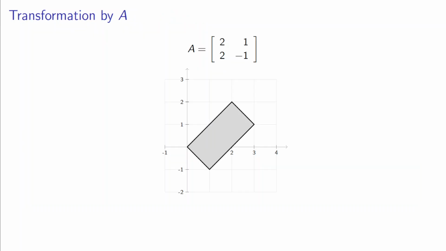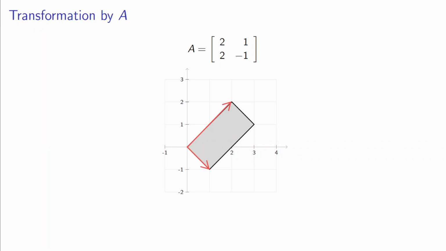So let's say A is the matrix [2, 1; 2, -1]. So if we think of this as a matrix transformation, the first column tells us that E1 gets sent to the vector (2, 2). So this is going to be the transformed version of E1, and then E2 gets sent to (1, -1).